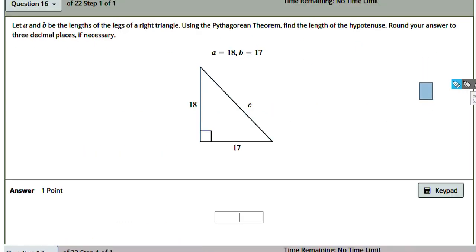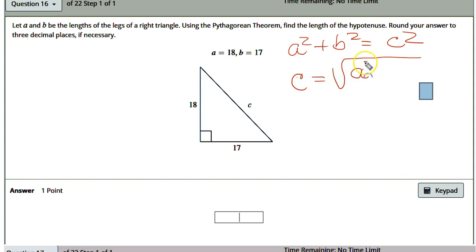Now, if you're doing this as a practice, what you should be doing, of course, is pausing it before I give the answers and seeing what you could figure out. But here, we're just trying to find the hypotenuse. So it's going to be a squared plus b squared equals c squared. And to find what c is, take the square root of both sides, equals the square root of a squared plus b squared.